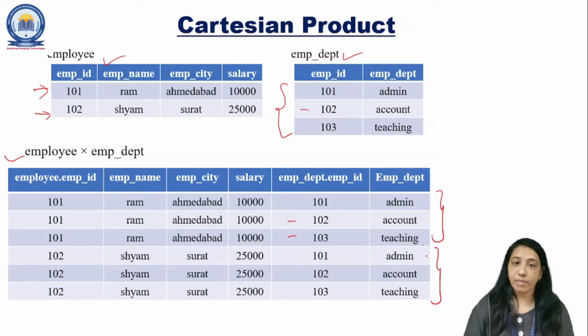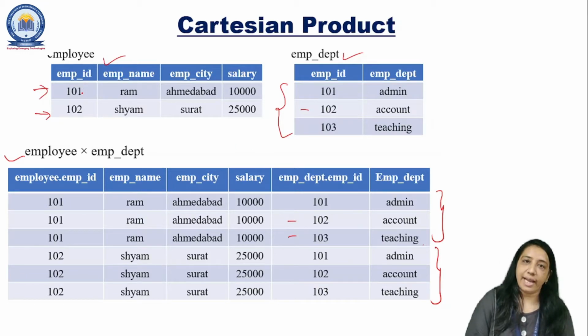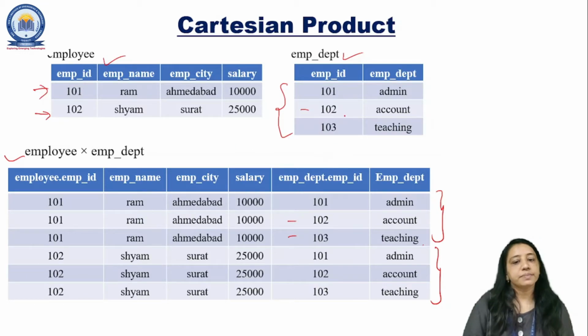Now sometimes both tables have the same attribute name, as here: the employee ID in the employee table and the employee ID in EMP_department also. How do we differentiate them? It is always differentiated with the table name and a dot.